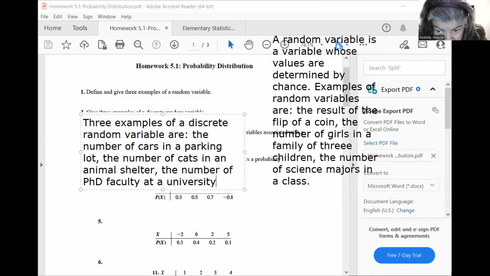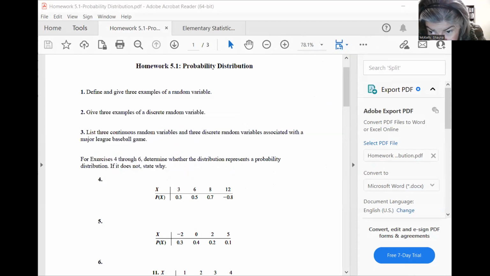Okay, so I've given you plenty of examples of discrete and continuous, and I hope you understand what random variables mean, what discrete variables mean. We're going to go on now, and we're going to talk about some of the actual work in here.